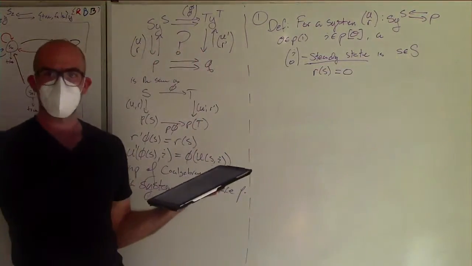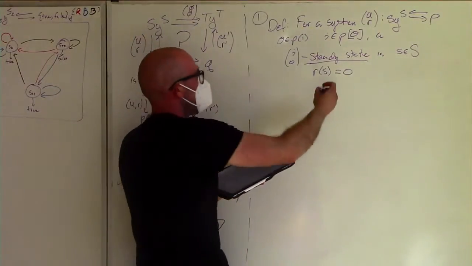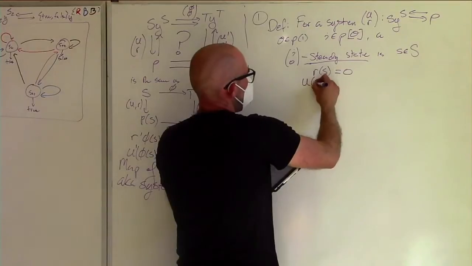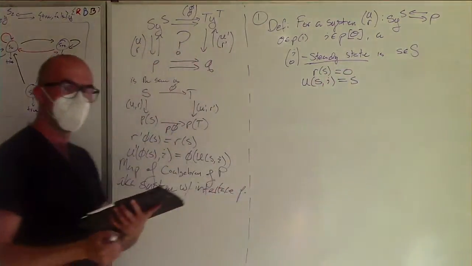A steady state is a state, and it outputs the chosen output O, and when you input I into it, it's steady. It stays the same.